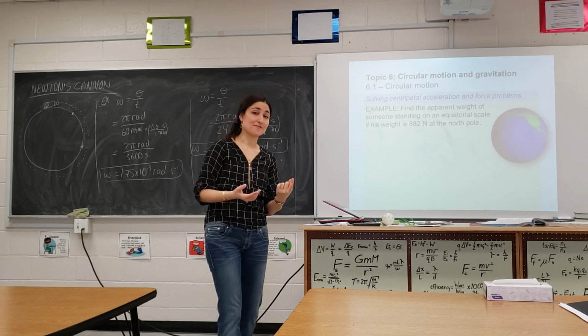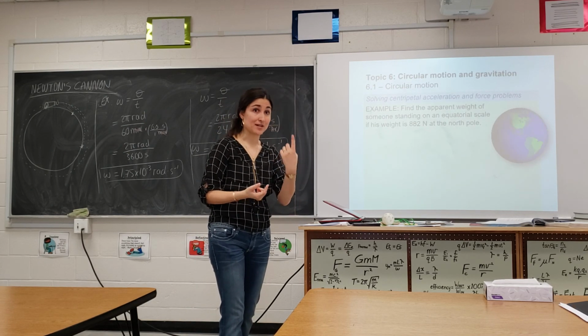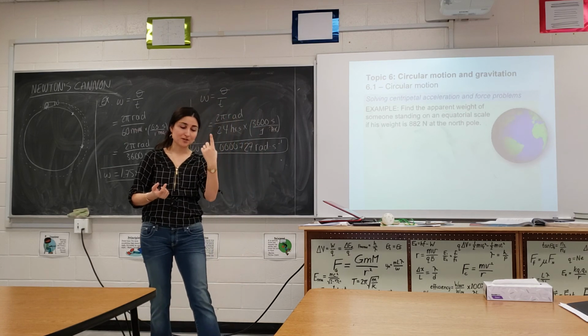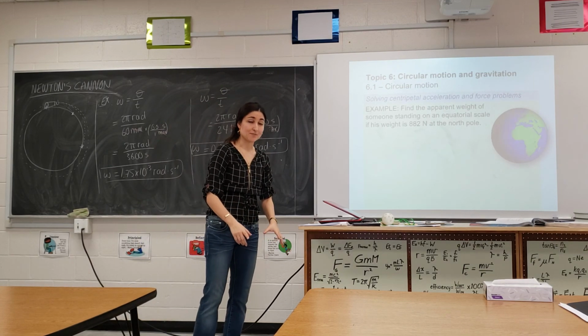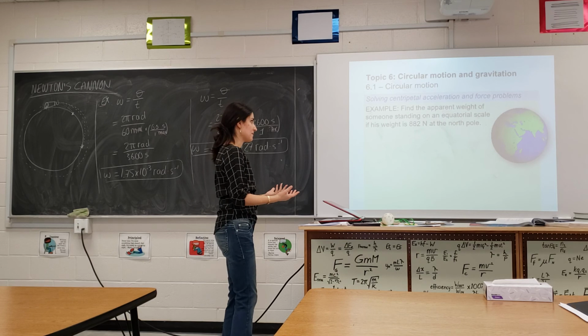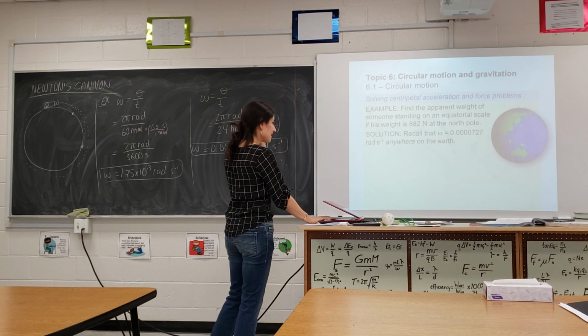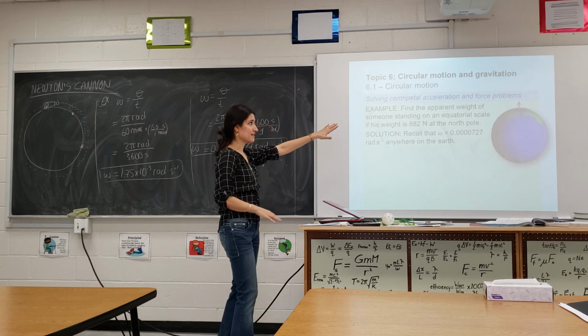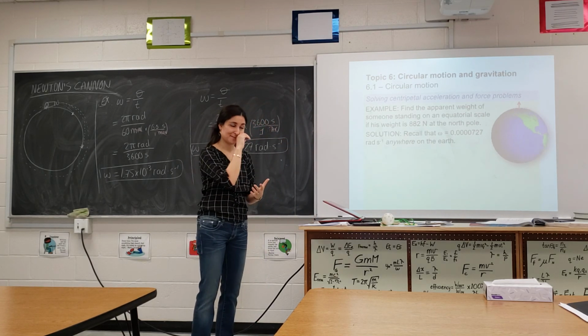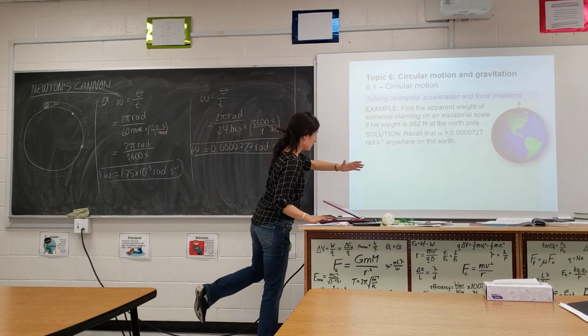Fn is bigger, since you're accelerating up, so your scale would have a bigger reading. The opposite is true if you go down. So when we say find apparent weight, that's the normal force, and scales do read your normal force.